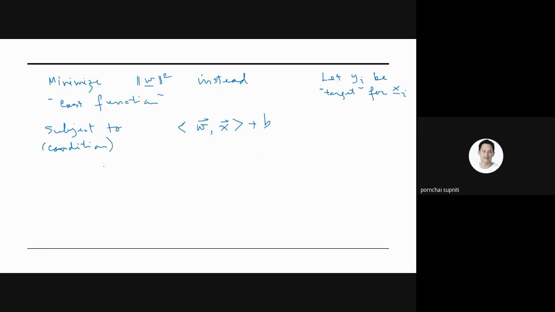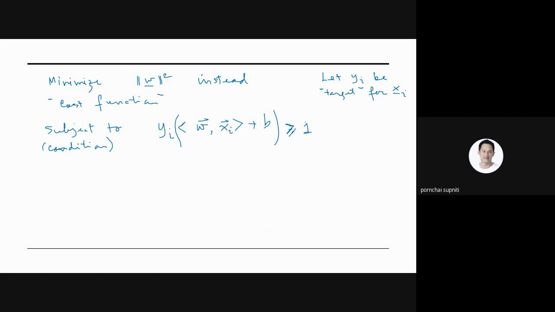So it means that the condition that we have, instead of having two equations for the conditions, we just multiply yi. This one I call xi, and I will make the condition to be greater than or equal to 1. Okay, it can be larger, it's fine.